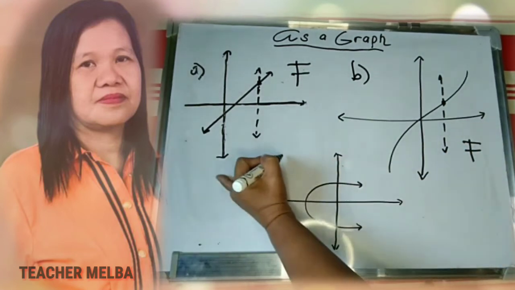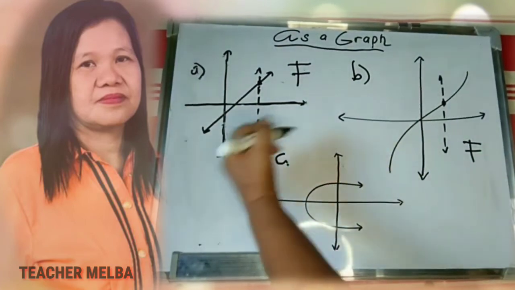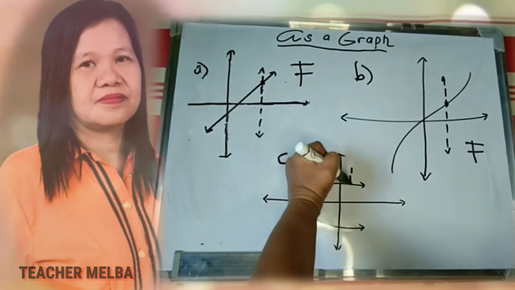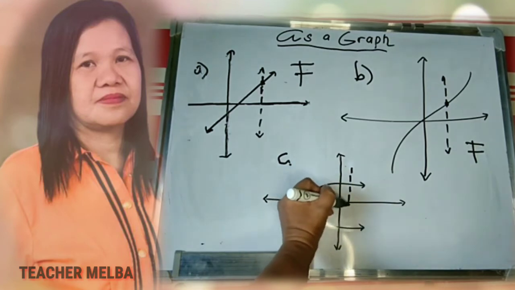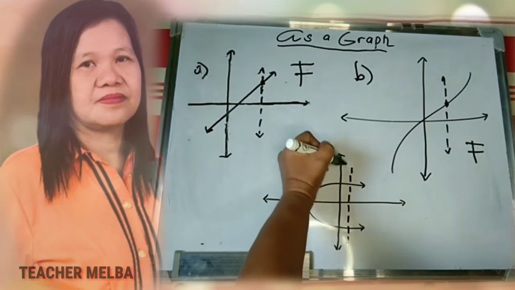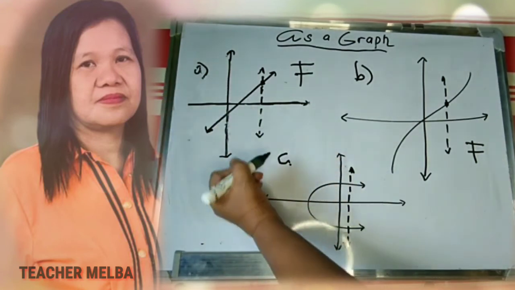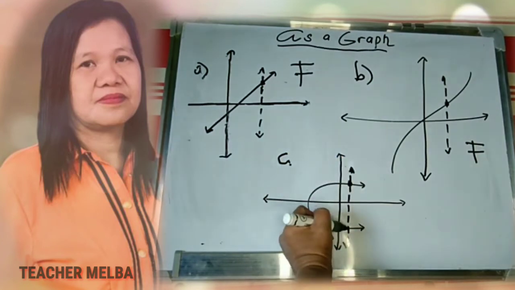So how about graph C? We'll put again the vertical line so that we can test whether the graph is a function or not. Now, this vertical line intersects graph C at 2 points.